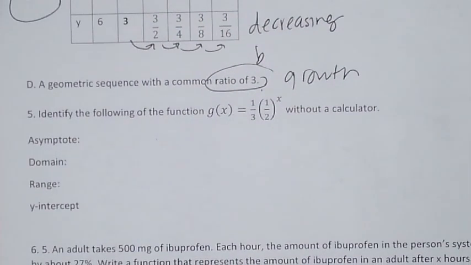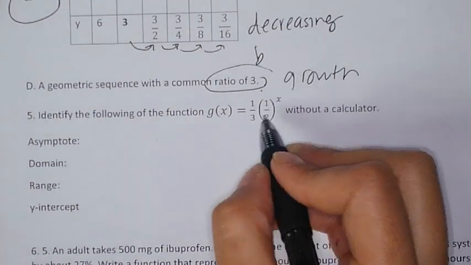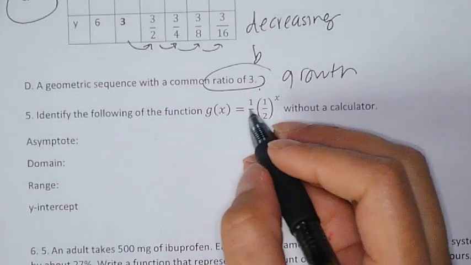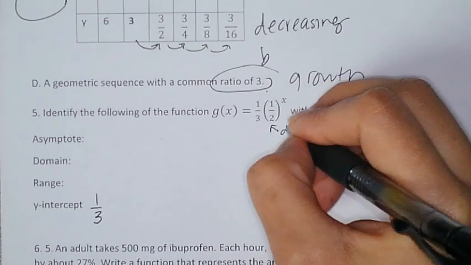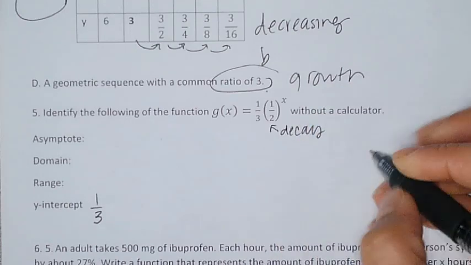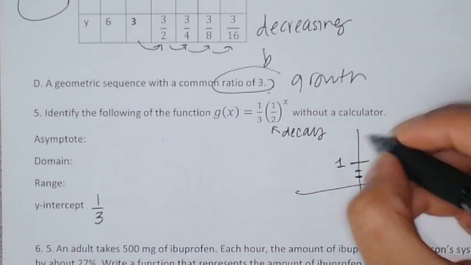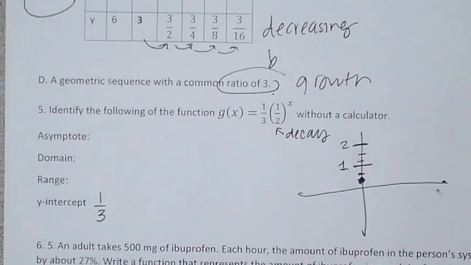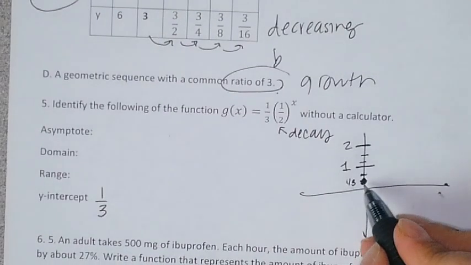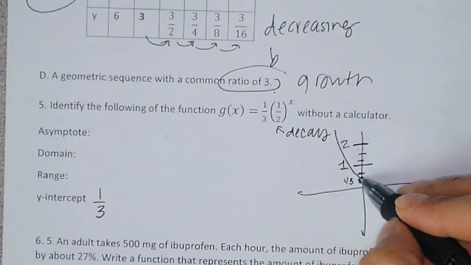We have to do all of this without a calculator. Okay, so for number 5, we sketch. Here the y-intercept is 1/3. We know that this is a decay. So this is 1/3 right here. This is where the function would go, and it goes down. So something like this.